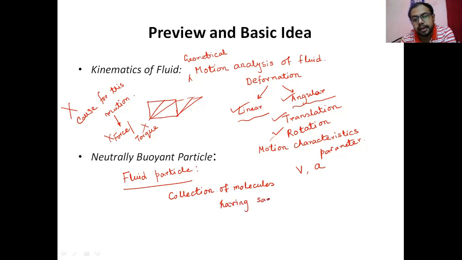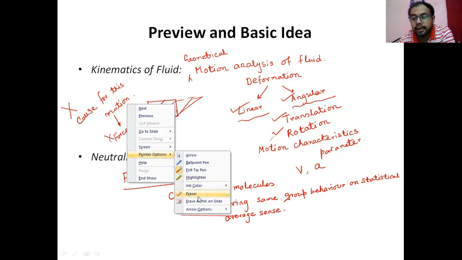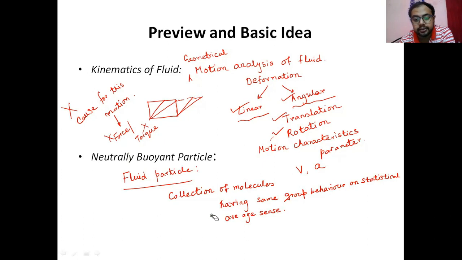Fluid has an enormous number of molecules, and these molecules have the same group behavior in the statistical average sense.